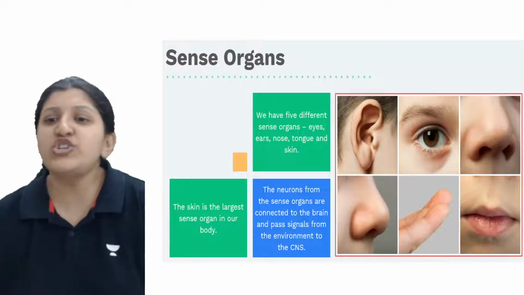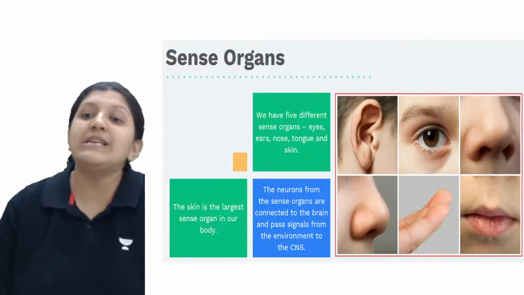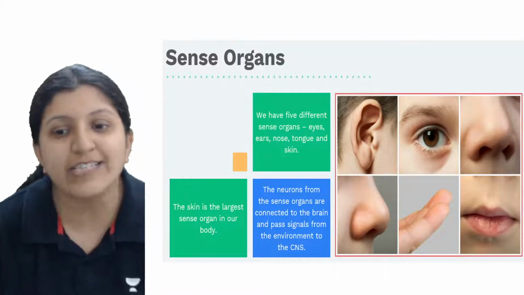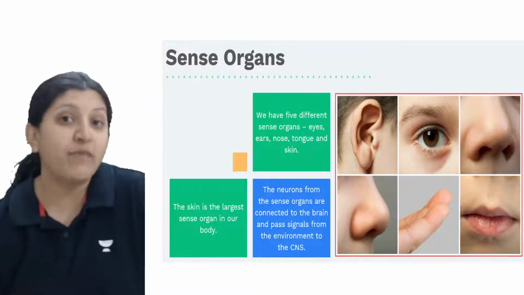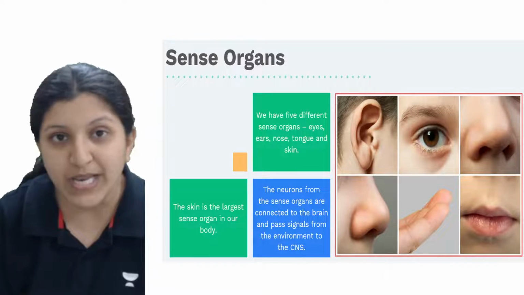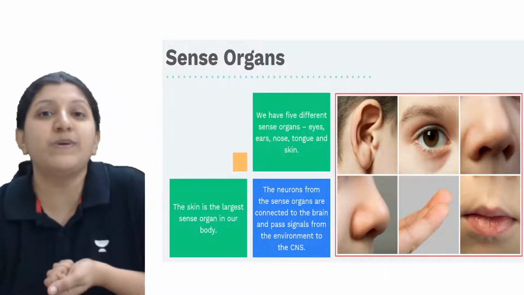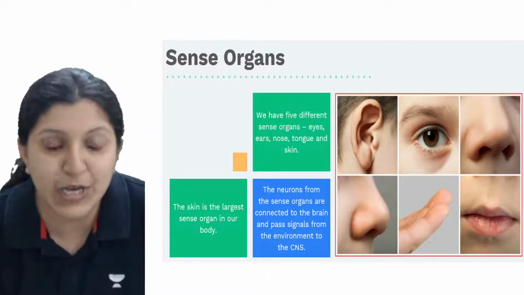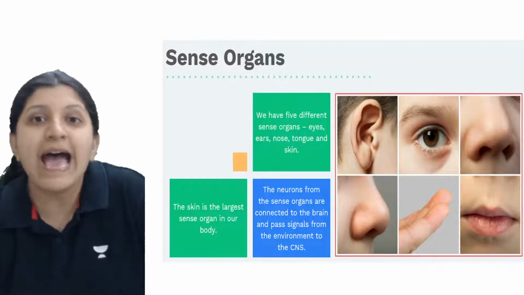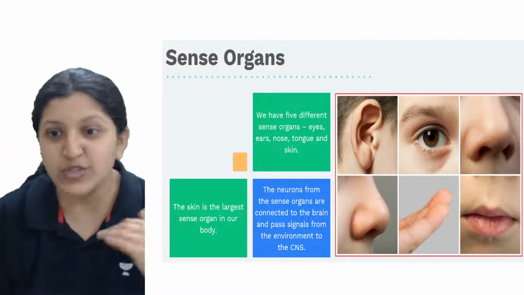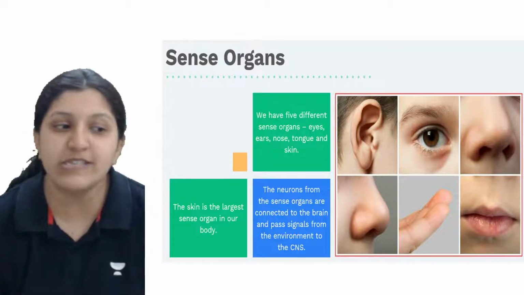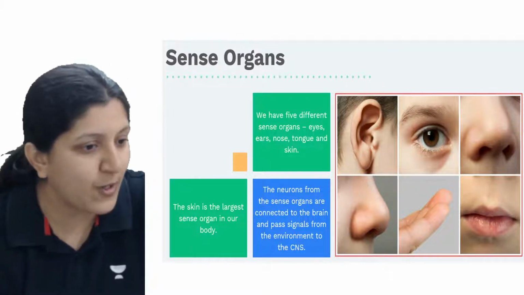So there are neurons from the sense organs which are connected to the brain, and they pass these signals from the environment. That is exactly the stimulus. The stimulus is perceived by a particular sensory neuron present at the receptor, and impulses are conveyed to the brain, that is mainly the central nervous system, the brain or the spinal cord.